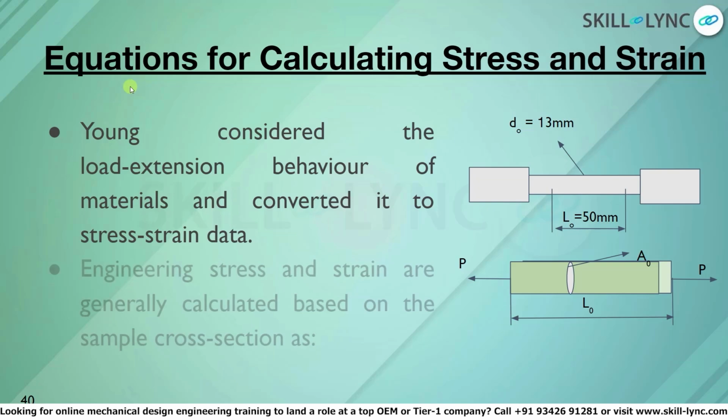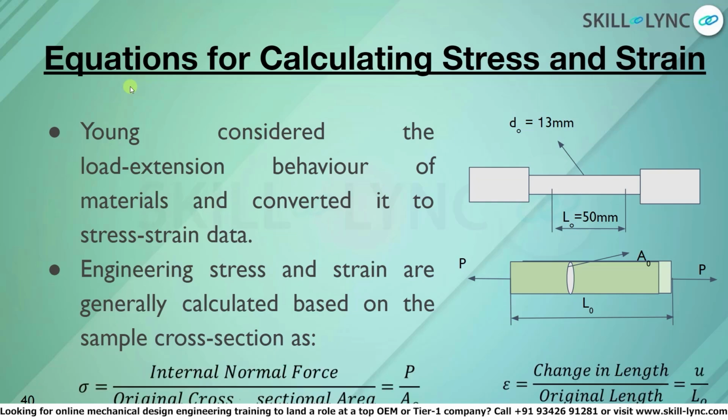Engineering stress and strain are calculated based on the sample cross section as sigma equals internal normal force divided by the original cross sectional area, which can be denoted as P divided by A naught. In the same way, epsilon, which is the strain, equals the change in length divided by the original length, denoted as delta L divided by L naught.